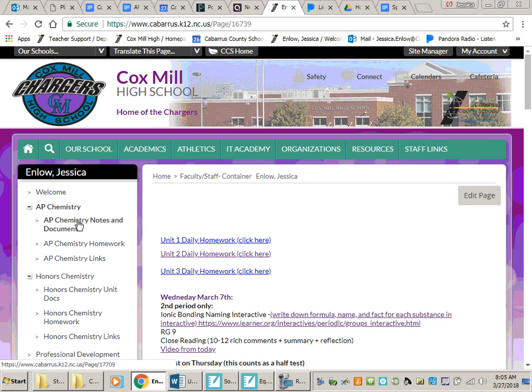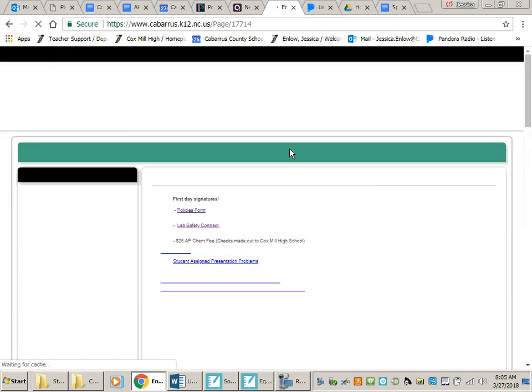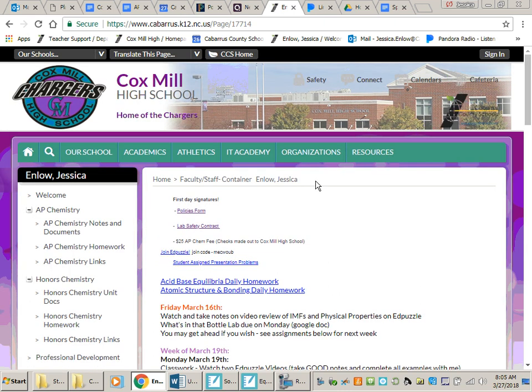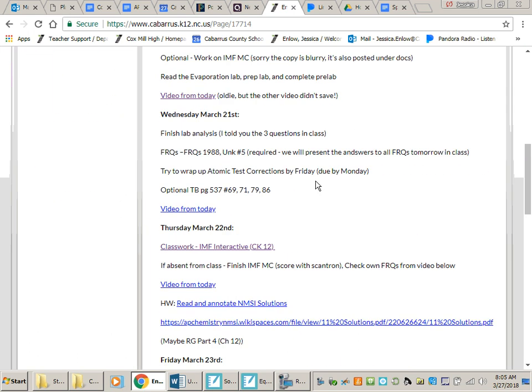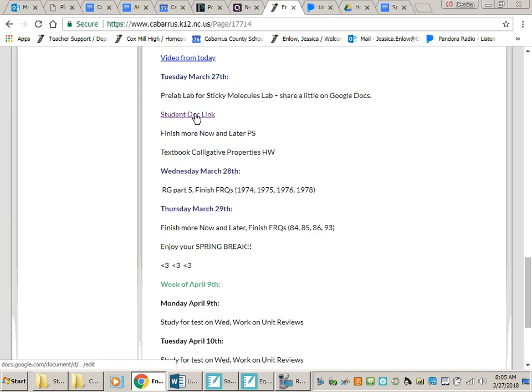So we're basically going back to the doc that we started on yesterday. So open up your Google Docs as well as under homework. Well, you guys have it copied on your Google Doc most likely, unless you just started on a clean slate. Where it says Tuesday, pre-lab for sticky molecules, student doc.